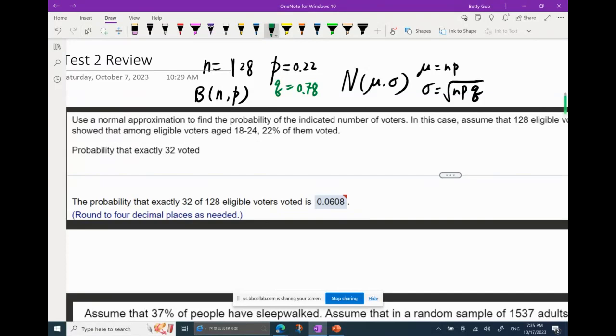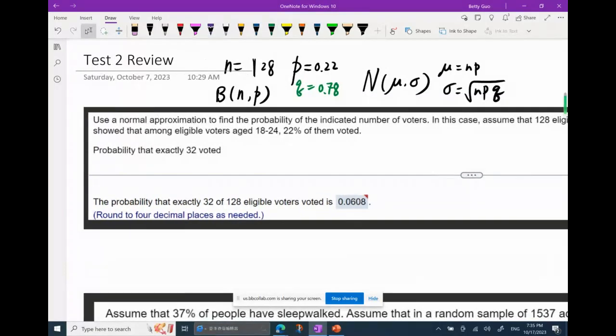Okay, so let's see. What we are going to find is the probability that the binomial distribution variable x is exactly equal to 32. Right? And so here, x is a binomially distributed variable. That's what we want.